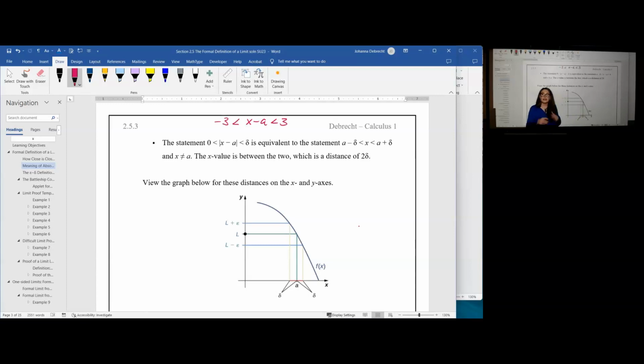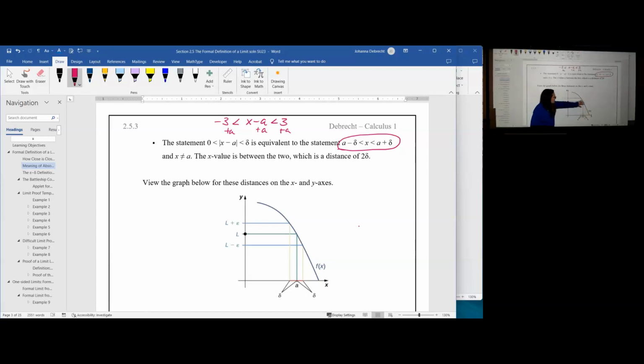And then, of course, I can isolate the x value by adding a to all 3 parts. And when I add a to all 3 parts, I get that x has to be between a minus delta and a plus delta.